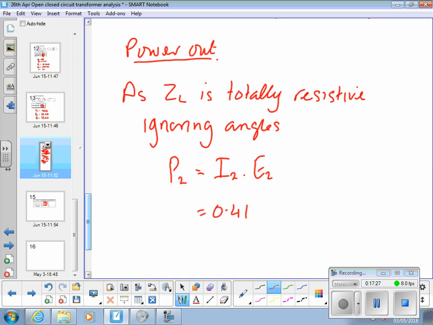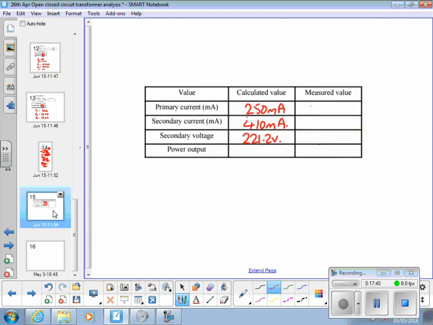So 0.41 times 221.2 equals 90.7 watts. So that's the last entry in our comparison table, 90.7 watts power output. So that's what the model predicts.